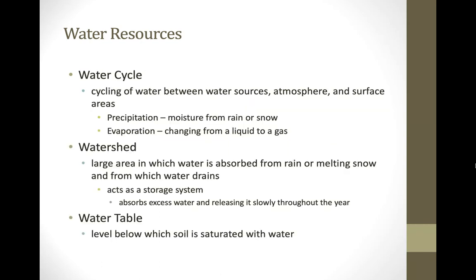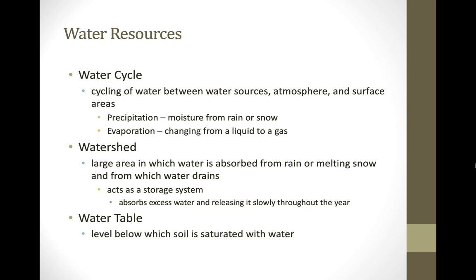Another term is the water cycle, and I know that you have been looking at the water cycle in your science classes ever since you were in elementary school. But basically, when we're looking at the water cycle, we're looking at the entire cycle between precipitation, when it rains, snows, and then it's going to fall to the ground. It's going to be absorbed into the ground or into other bodies of water, and then eventually it is going to evaporate.